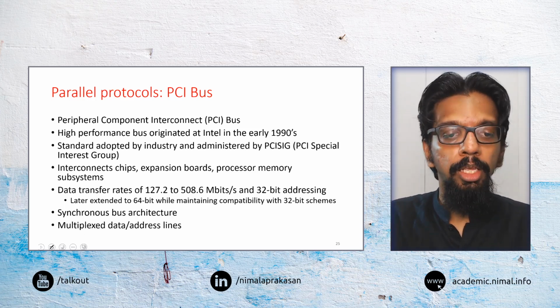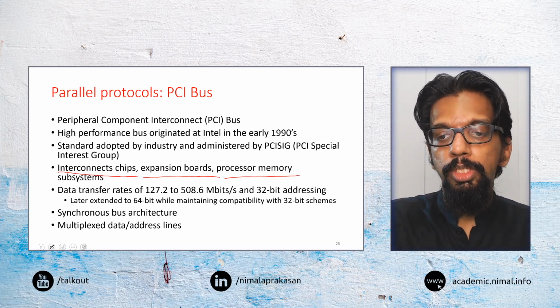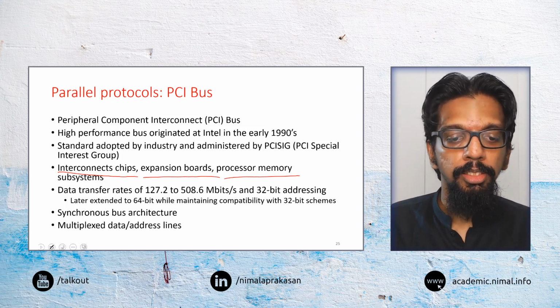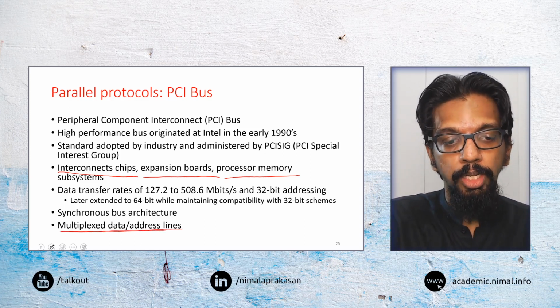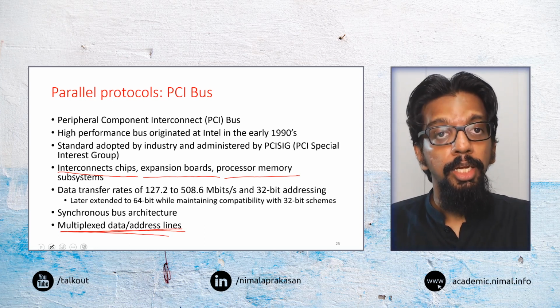So they are mainly used to connect chipsets, expansion boards, and other memory subsystems. So again, computer internals, and particularly in the case of PCI bus, it uses multiplexed data address lines.